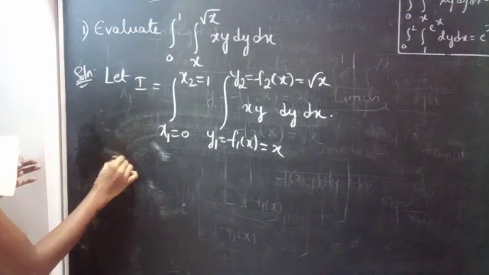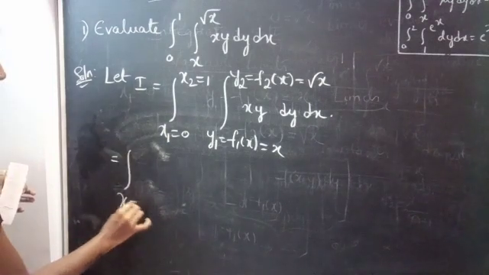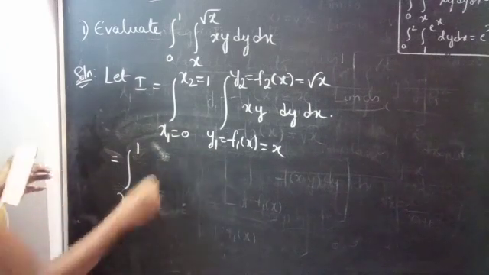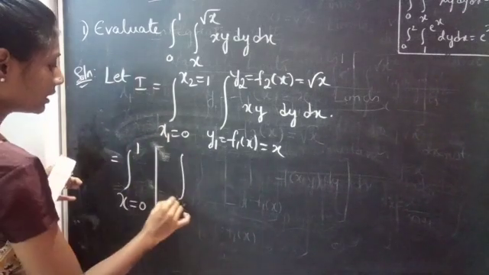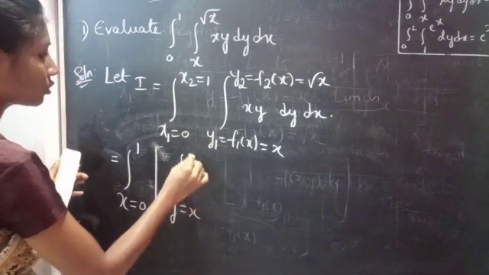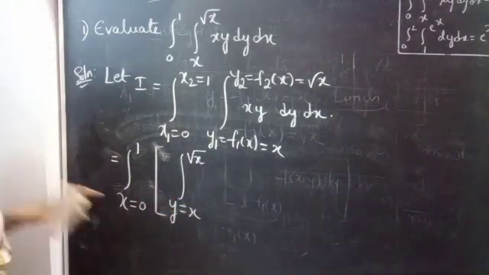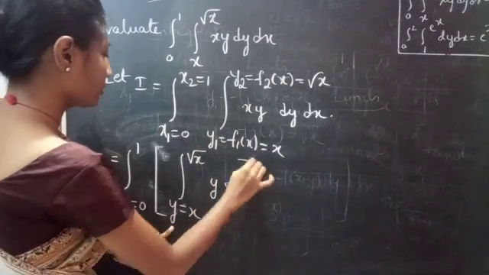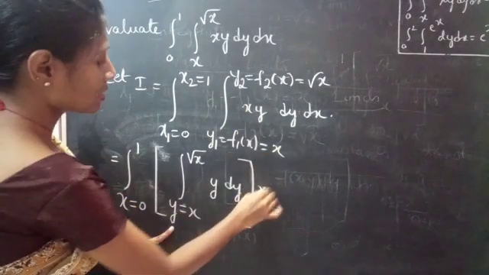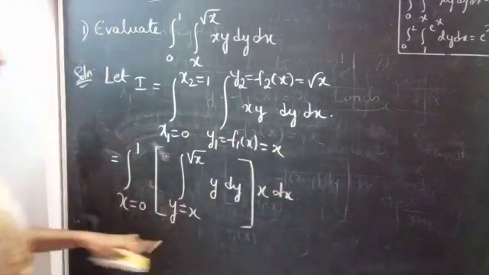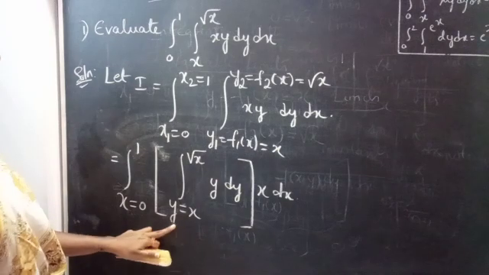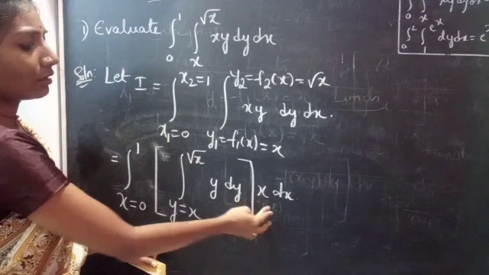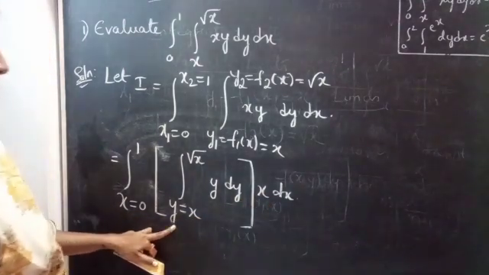So this is equals to integral x equals 0 to 1, integral y equals x to root x of y into dy, into x dx. Since we are integrating with respect to y, so x will be a constant. So I'm taking it here.